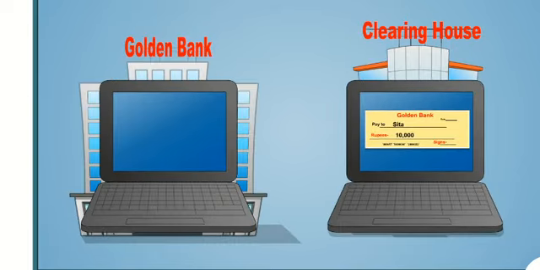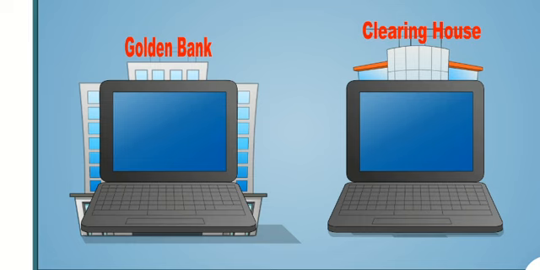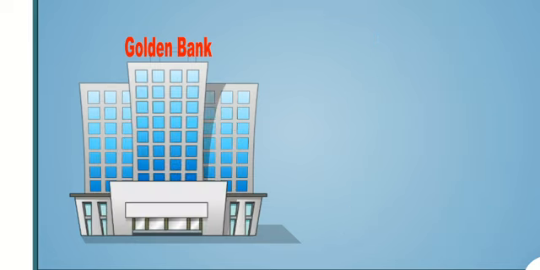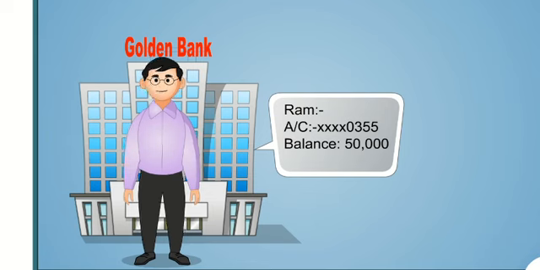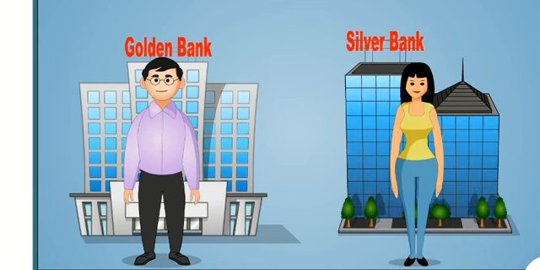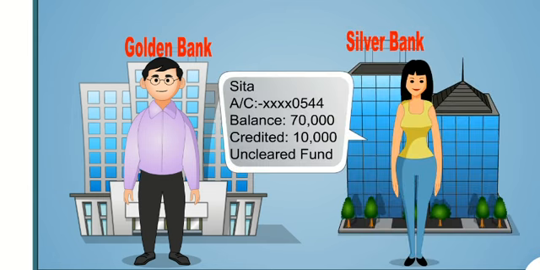The clearing house sends all the checks to Golden Bank as part of the clearing process. Golden Bank processes the check along with the other checks it receives and debits the amount from Ram's account. The corresponding credit for rupees 10,000 gets reflected in Sita's account in Silver Bank on the next day.